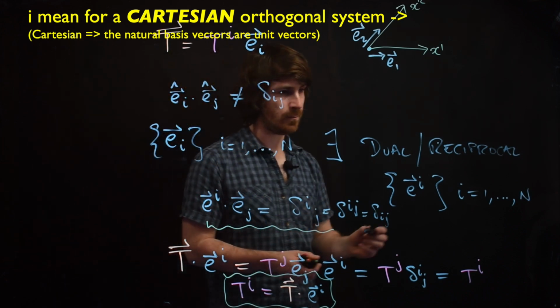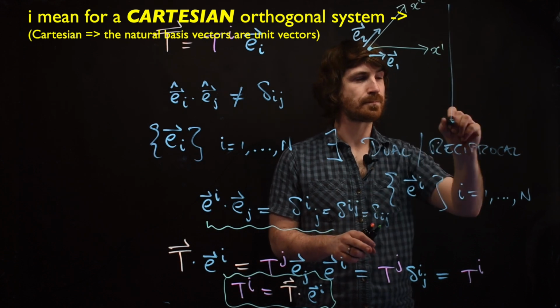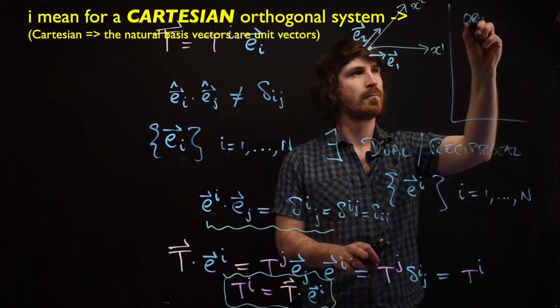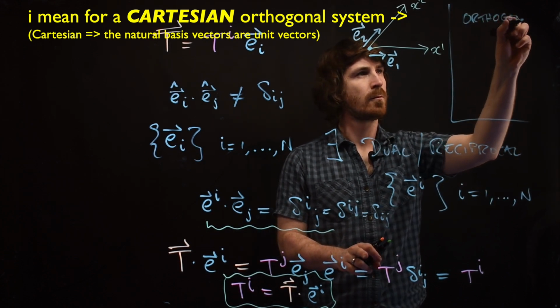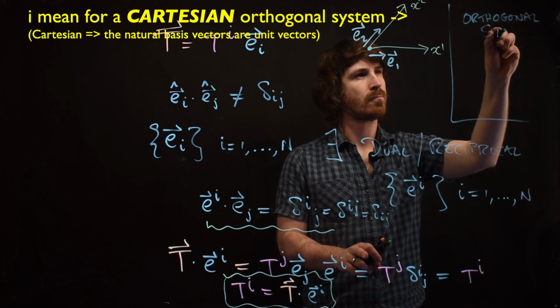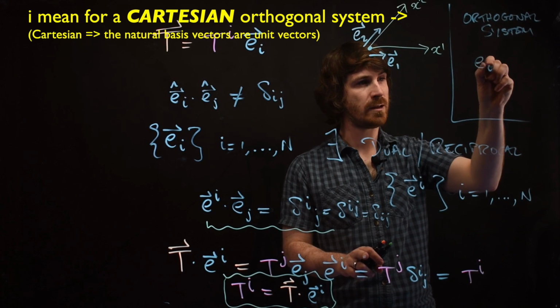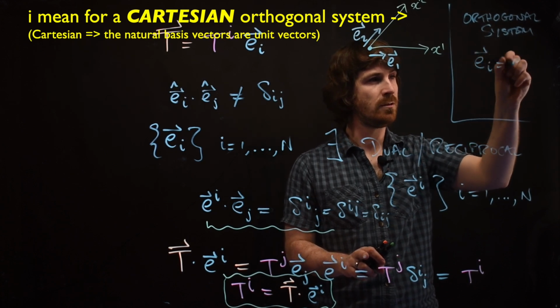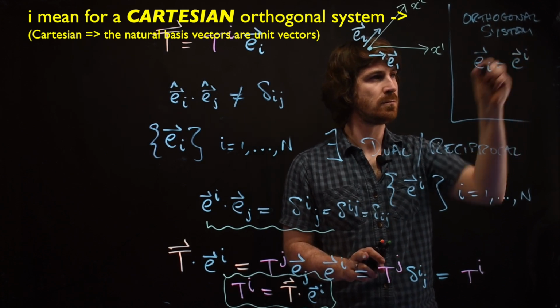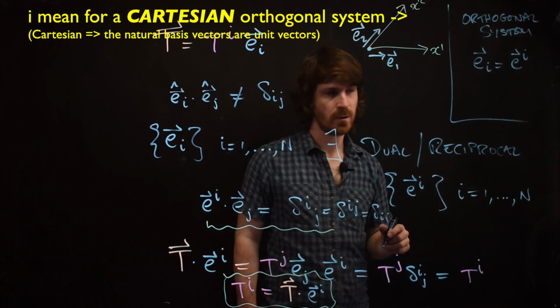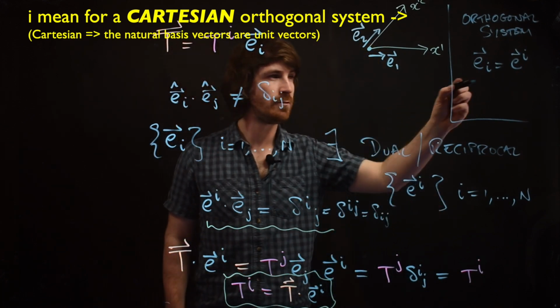So for an orthogonal system, we have that a natural basis vector is equal to its dual. But this is not true in general.